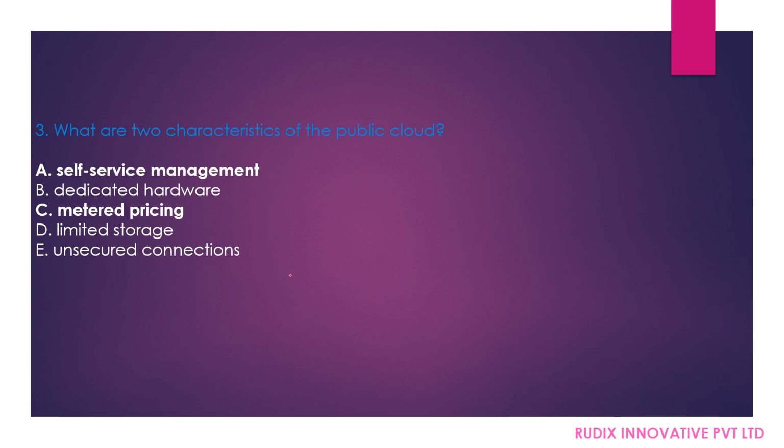Public cloud services typically offer self-service management capabilities, allowing users to provision, configure, and manage resources such as machines, storage, and networking without the need for extensive manual intervention. This empowers users to dynamically scale resources up or down based on their needs.